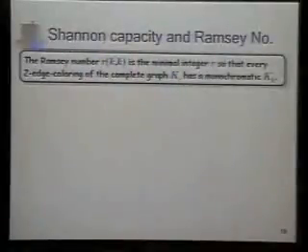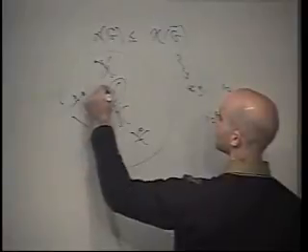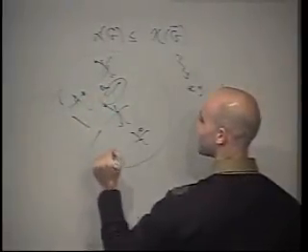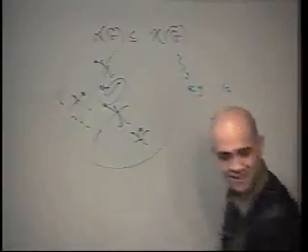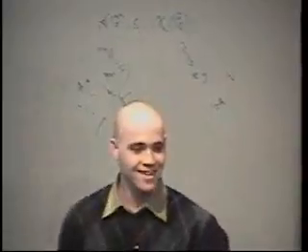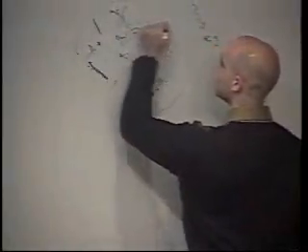So we have the minimal integer R, so that if we take the complete graph, and we color its edges by two colors, blue and black.